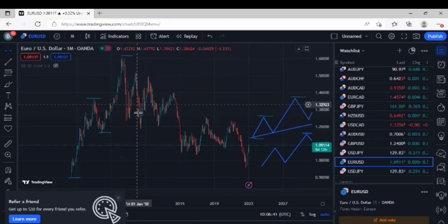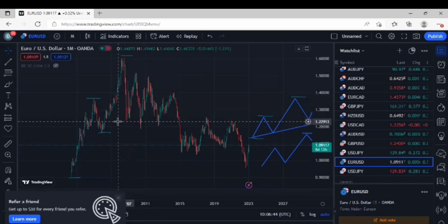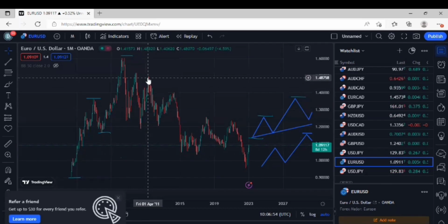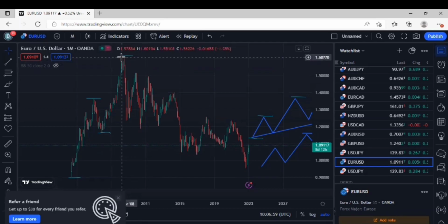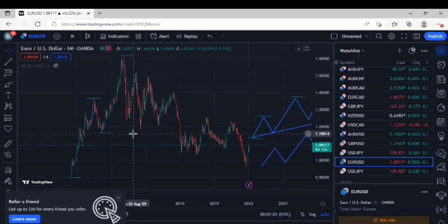But now if we look at it, this low here was broken. So the moment this low here was broken, that means we are now in a downtrend. And you can see that the market has begun to print lower high, lower low, lower high, lower low.